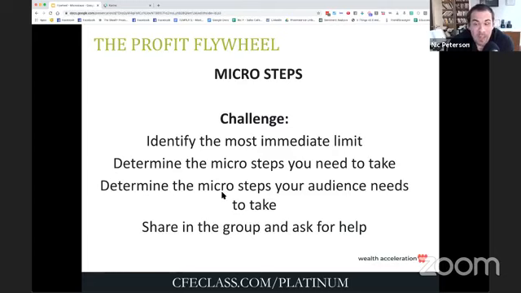More than likely, you're just trying to make them take too big of a step. So you're saying, hey, stranger, go through my funnel and buy my thing, where none of the steps of that funnel were validated. Then determine the micro steps that you need to take and the micro steps that your audience needs to take to give you the evidence that you can take the next step.